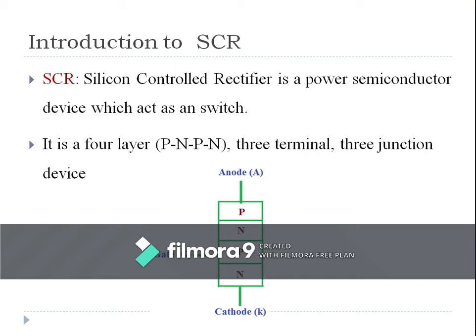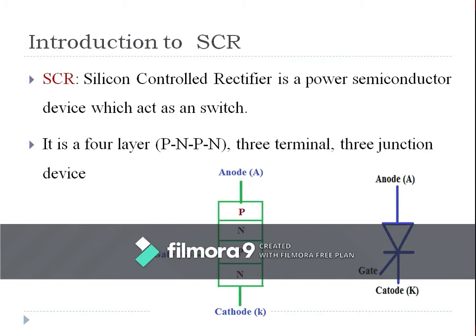It is a 3-terminal device named anode A, cathode K and gate G. So these are the 3 terminals, as in the case of a transistor. It has 3 junctions, J1, J2 and J3.